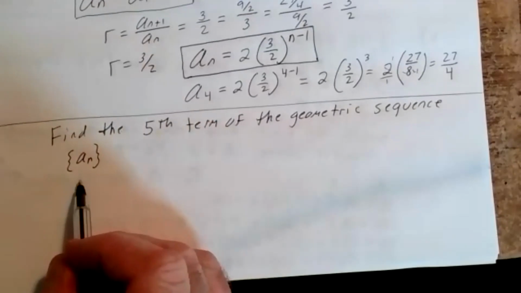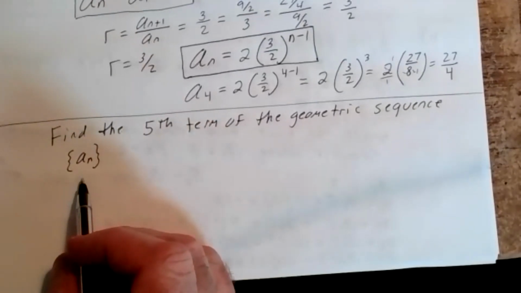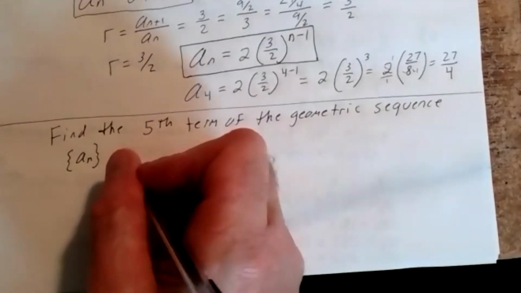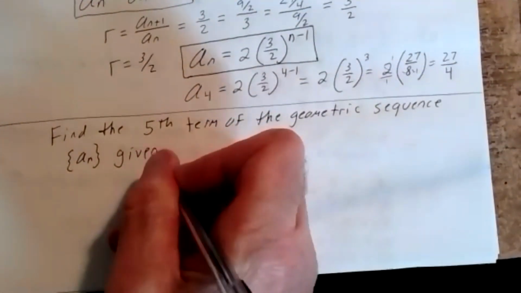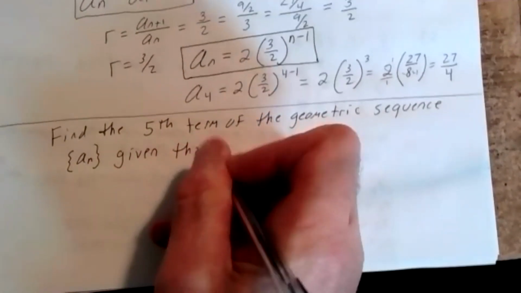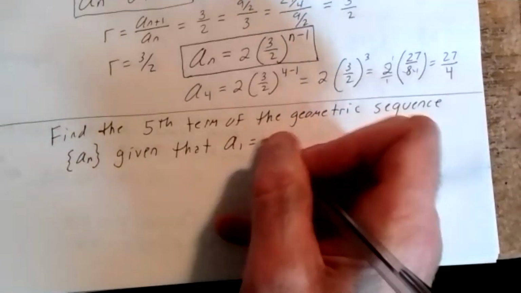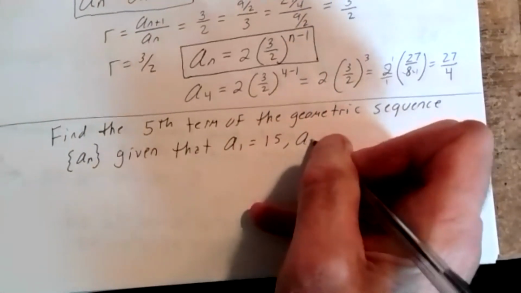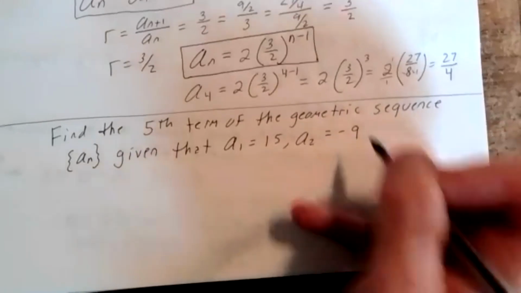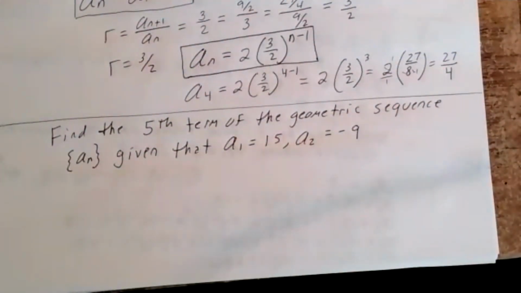Remember, that's a general way of representing any sequence we've seen way back in section 8.1. Given that the first term of the geometric sequence is 15 and the second term is -9. Knowing the first term and the second term, we should be able to write the 5th term for this geometric sequence.